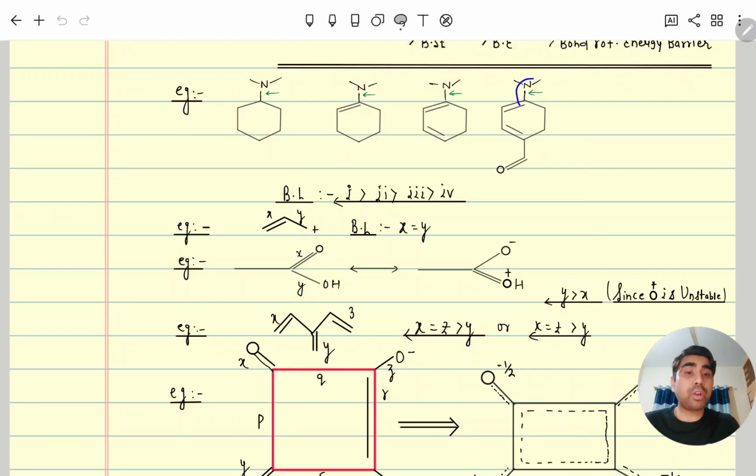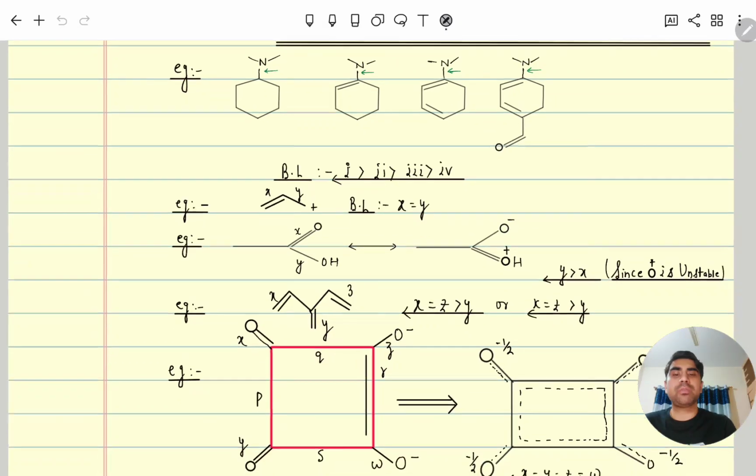So bond order will be relatively more, so if bond order is more, bond length will be less. Here conjugation is relatively less, so bond order will be relatively less, bond length will be relatively more. Here you can see conjugation only 1, so bond order will be relatively less, bond length will be relatively more. So which one has the higher bond length? 1, then after 2, then after 3, then after 4.